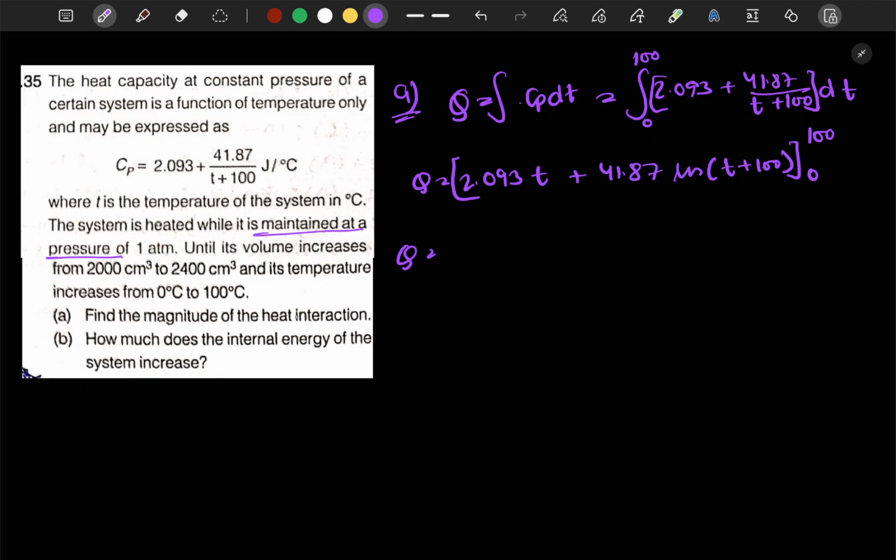Let me calculate it first: 41.87 into ln 2 plus 209.3. So we got the answer as 238.32 kilojoule, or joule. This should be joule.